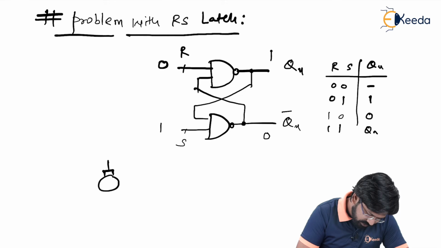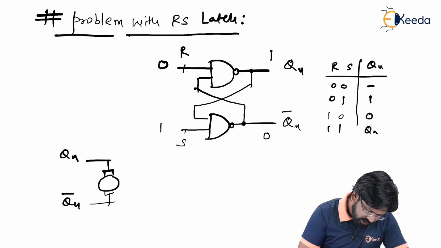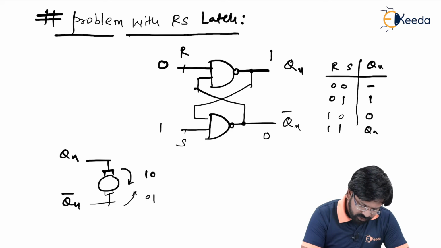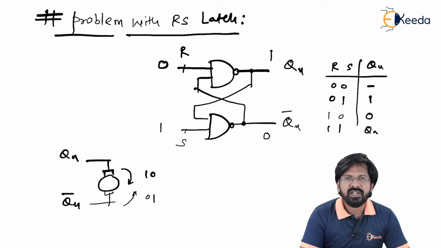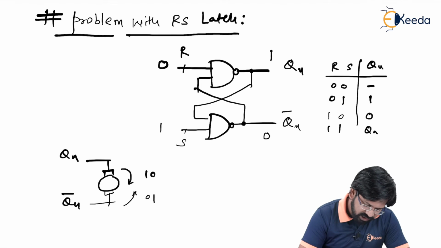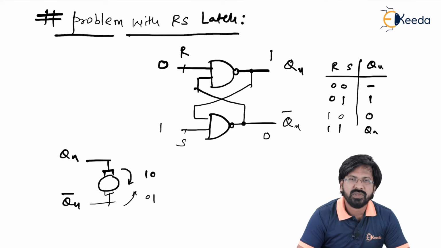Let us consider that a DC motor is connected at Qn and Qn bar as a load, and this DC motor moves clockwise for 1,0 and anti-clockwise for 0,1. To perform some operation, it is required that our motor goes in the clockwise direction, and for that it was necessary to keep Qn equal to 1 and Qn bar equal to 0.